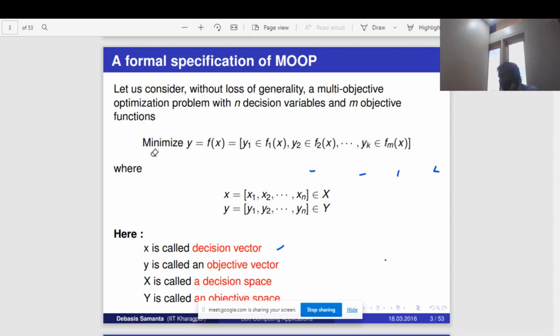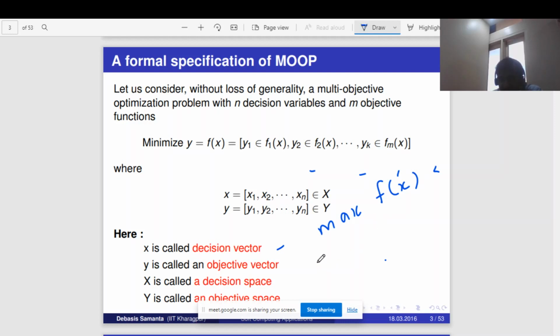To convert any maximization problem to a minimization problem, you just multiply it by -1. Okay. So for example, if there is a function maximize f(x), something is given like this. We don't know what f(x) is, but this is what is given.